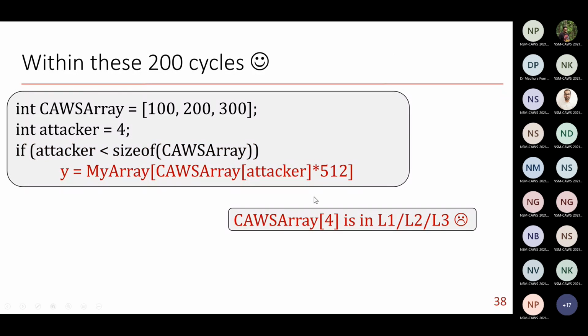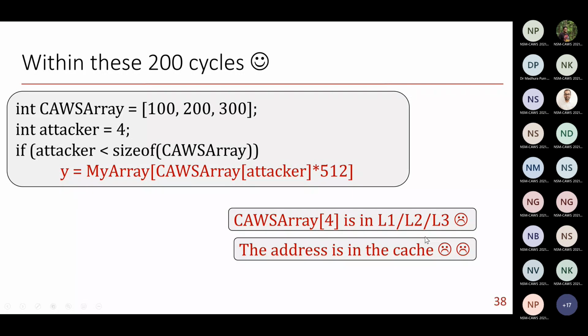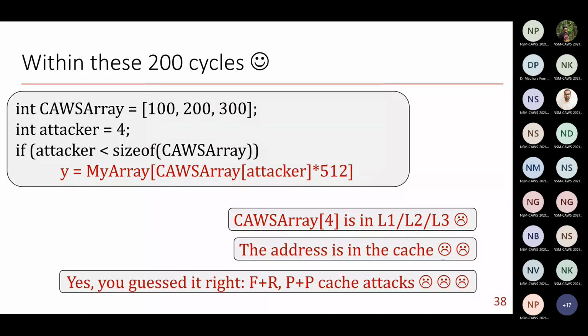So now the situation is the data is actually present in the private caches or even the last level cache. So now what you should do, you guessed it right, you can just run a flush reload or prime and probe cache attacks to get the exact value. So this was actually the secret.